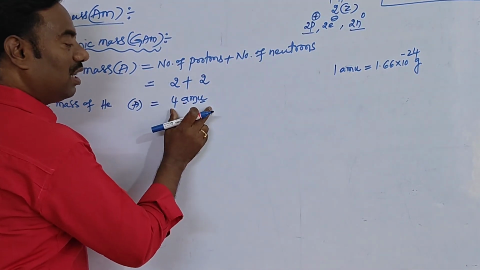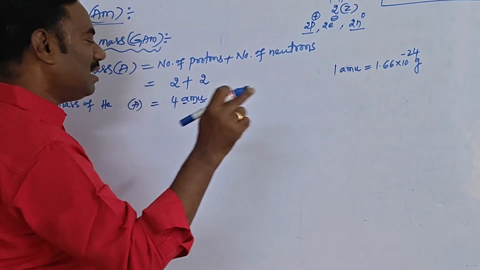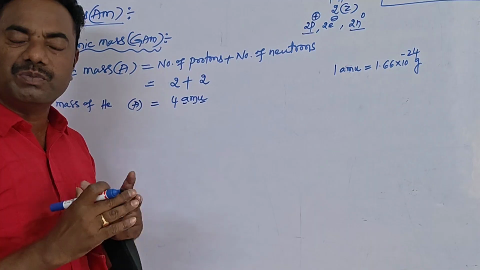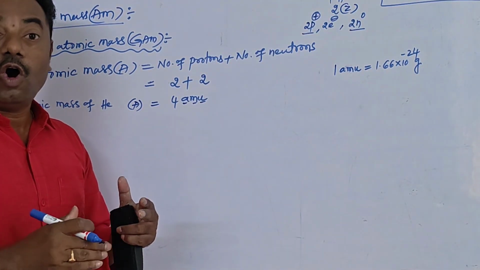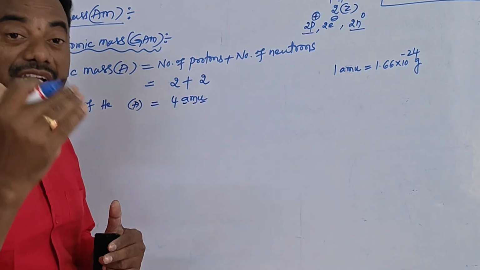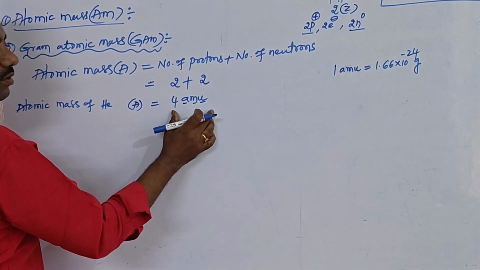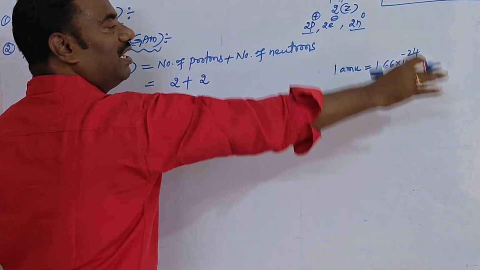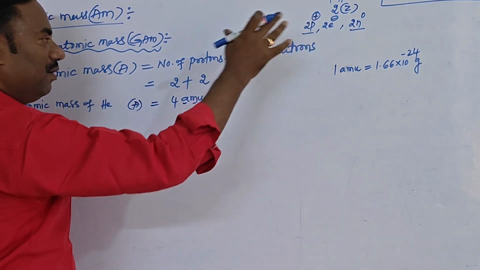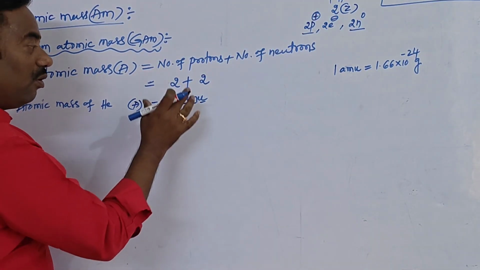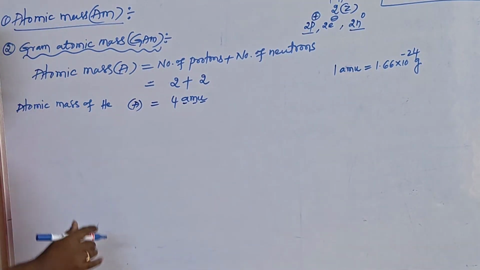Remember, this is most important. In 4 AMU of helium, how many helium atoms are there? 1 helium atom. Why? Because from 1 helium we got 4 AMU, and from 4 AMU we got 1 helium. These are interconvertible.